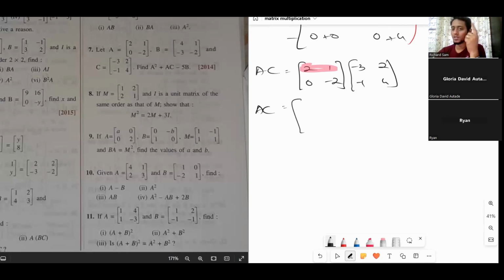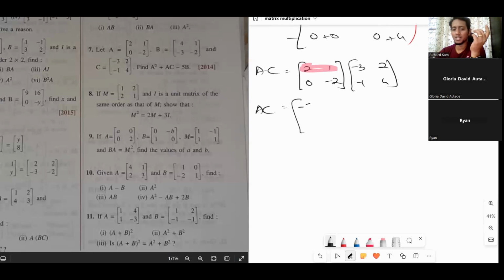First row into first column, think of that. Then you have to do in your mind: 2 into -3, -6. 1 into -1, -1. So -6, -1. How much is it? 5. Did I do anything wrong? -6, -1.